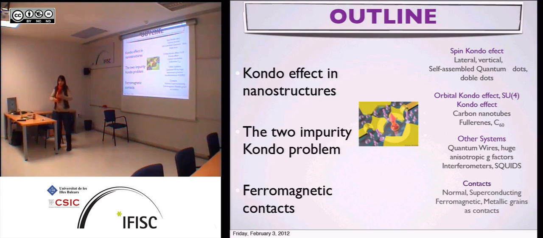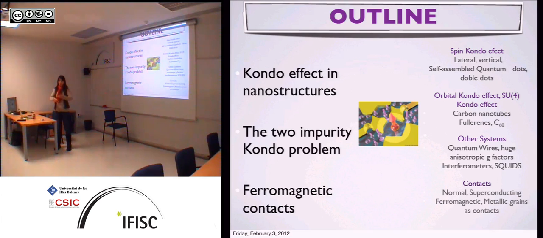And how can you tune this? Since J depends on t, you can vary the transparency of the barrier, and you can tune it in a way to compensate the exchange field of the ferromagnetic contact.